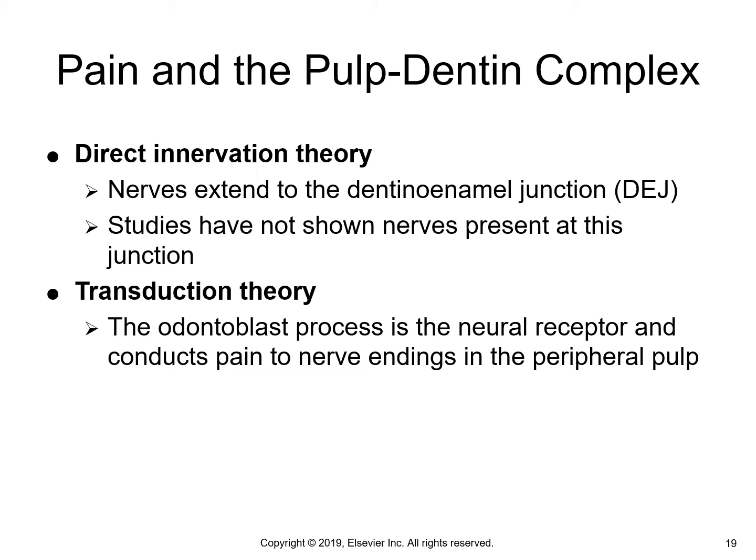The transduction theory is the theory that the odontoblast process is the neuroreceptor and conducts pain to nerve endings in the peripheral pulp. So in the outer pulp, they believe that those processes, or those long extensions off of the odontoblast, are neuroreceptors and conduct pain to the nerve endings.